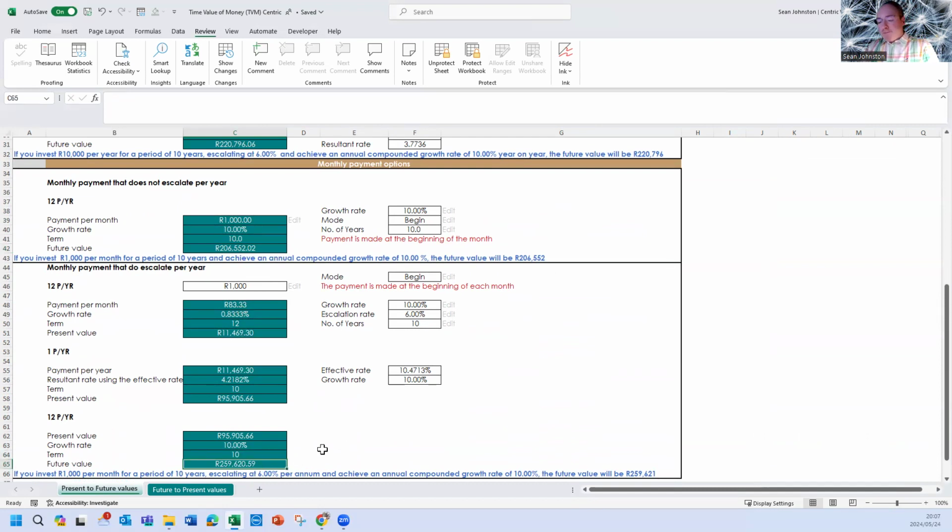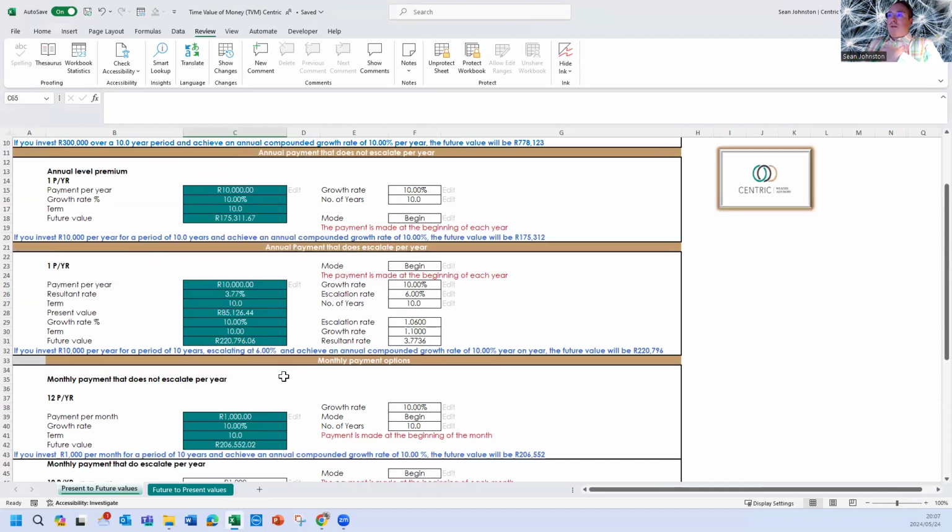So if I take 259,620 now minus 206,552, you have 53,068 Rand difference in future values because you have escalated your contributions, and we can say that's in line with inflation, which we say is 6%.